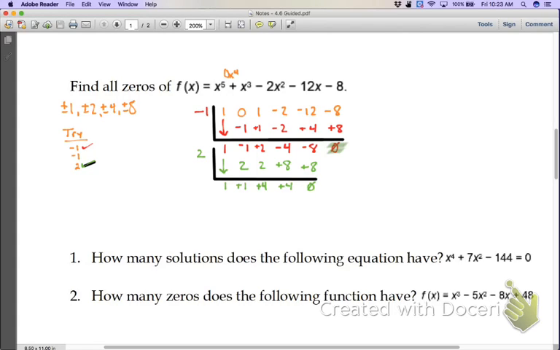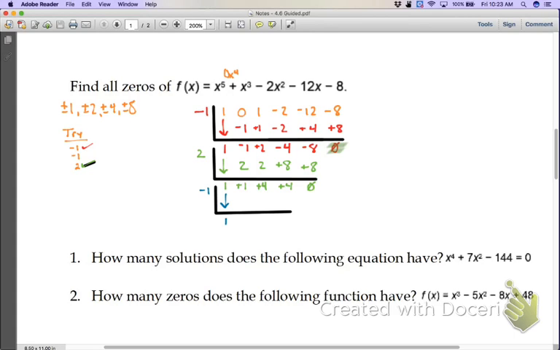What other value do I need to try now? The negative 1. Okay, I have to do it again. Since it happens twice, since it turned around there, I'm going to use that value again. And I'm just going to use synthetic division. So, negative 1, drop the 1.